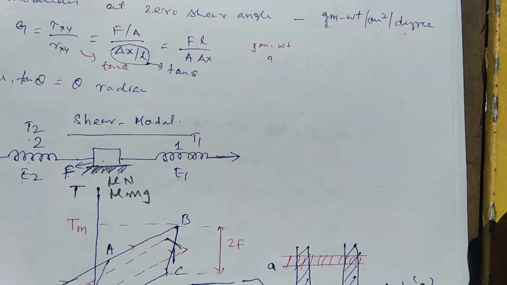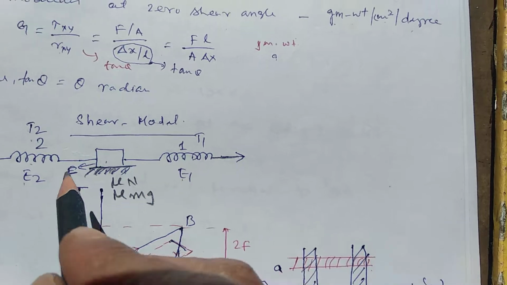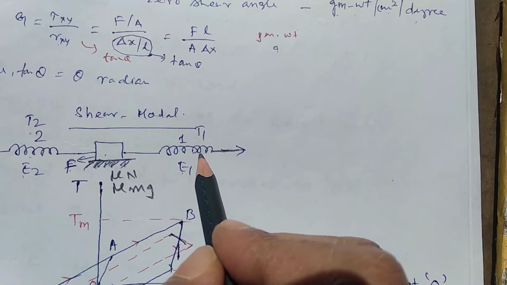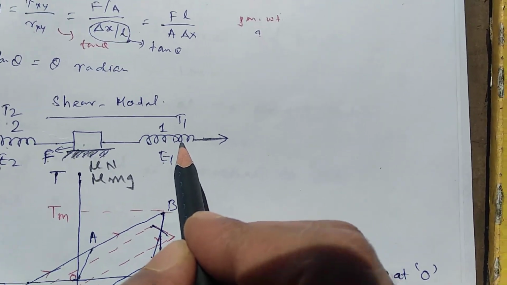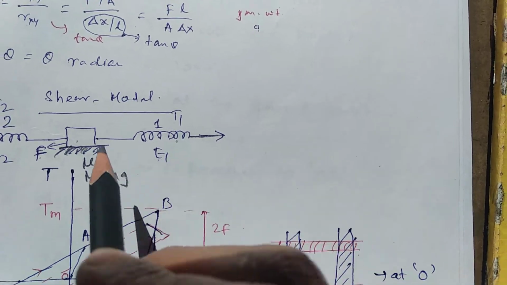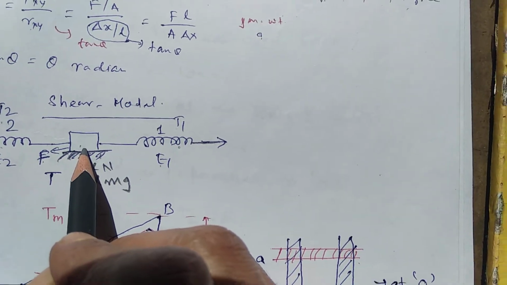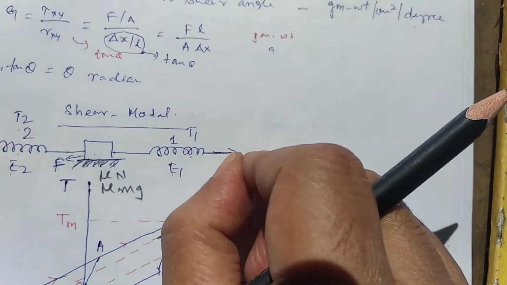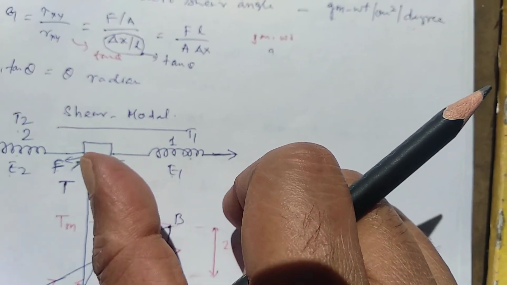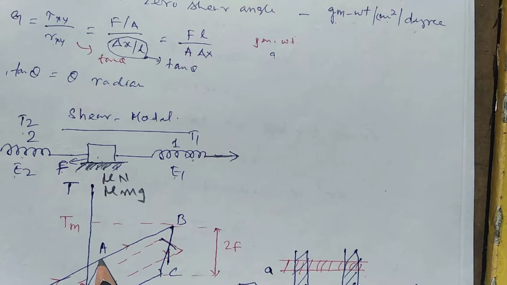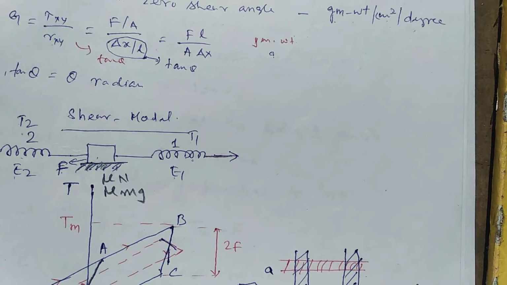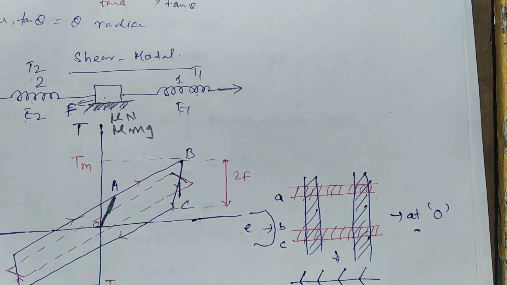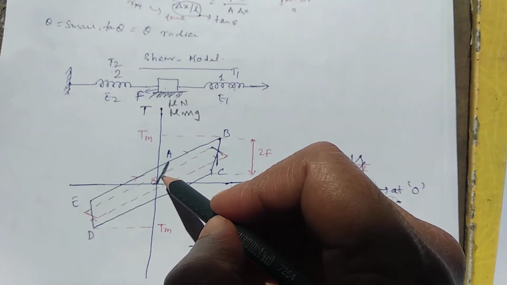Now if I release this, spring 1 was first extended, and then the block is moved. If I remove the force before this, it will return to its original position. This is called the extension of the first spring. So this is OA.